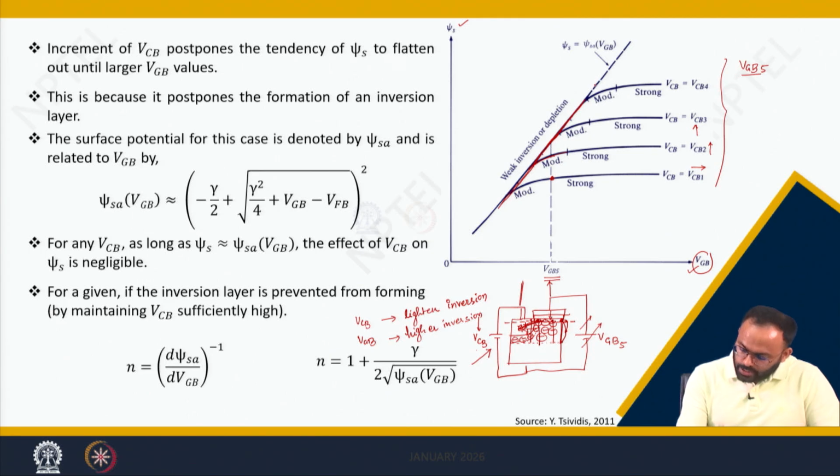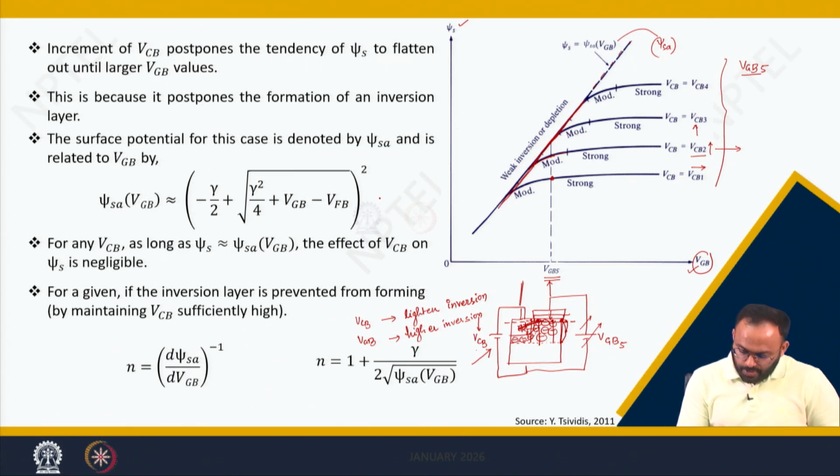That value is given by the dashed line, which is nothing but psi SA. So, when you enter weak inversion or depletion, the impact of VCB is lost, and that is what we discussed at the start: VCB only influences your inversion charge, neither depletion nor accumulation, and not significantly in weak inversion.